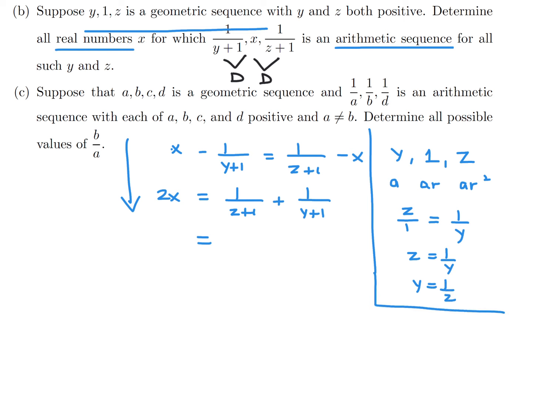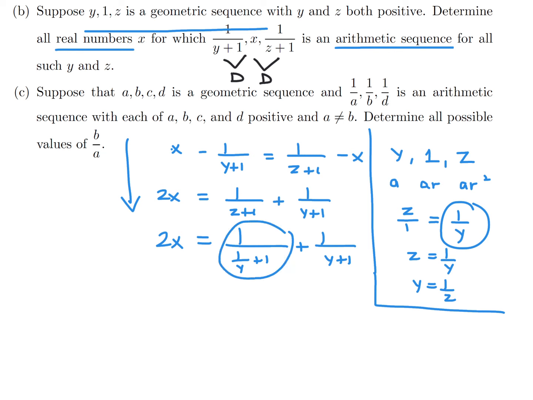Okay, let's go back to the question, 2x, and then this z I'm going to have to substitute, so I'll just substitute this guy. 1 over y plus 1, and this is y plus 1 like that. Okay, this guy here, let me just do it on the side instead of having to write out everything again and again. This is going to be 1 over y plus y over y.